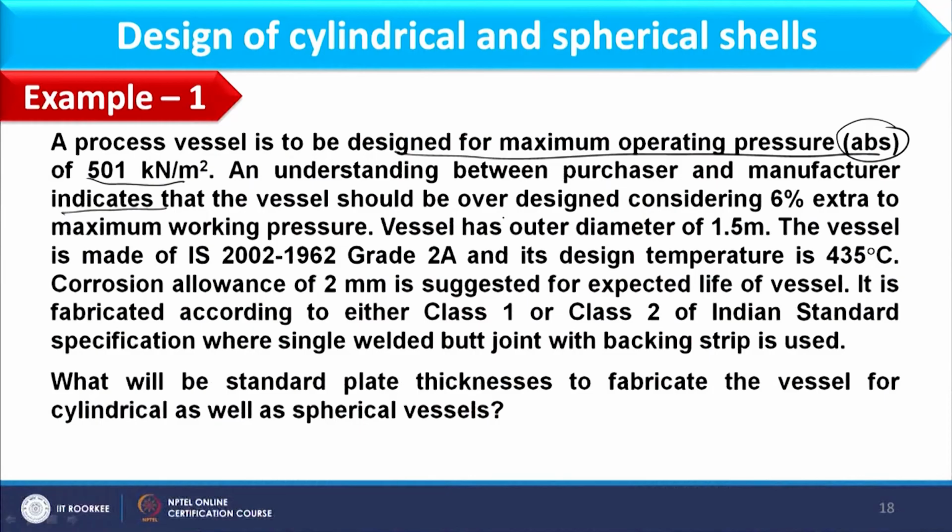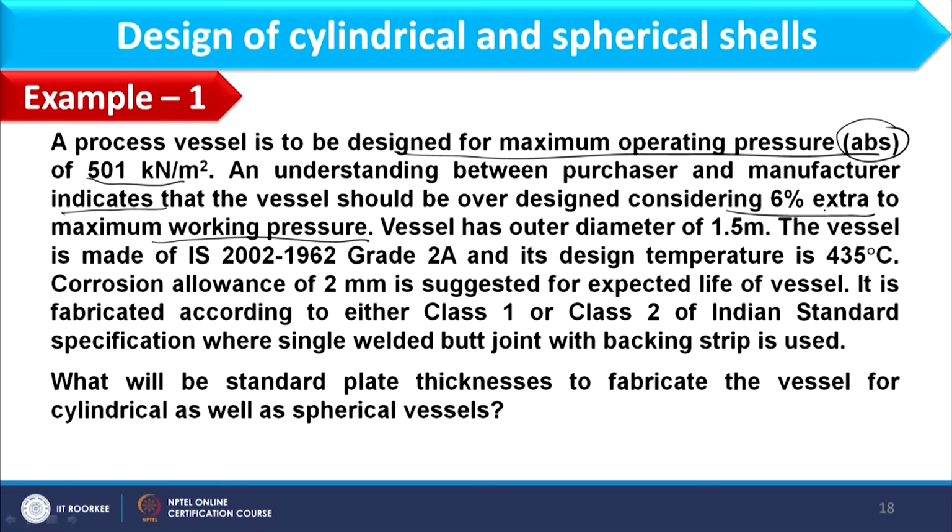be computed. So, let us focus on example 1, where a process vessel is to be designed for a maximum operating pressure absolute. You see here absolute is given, which is 501 kilonewton per meter square. An understanding between purchaser and manufacturer indicates that the vessel should be overdesigned considering 6% extra to maximum working pressure.